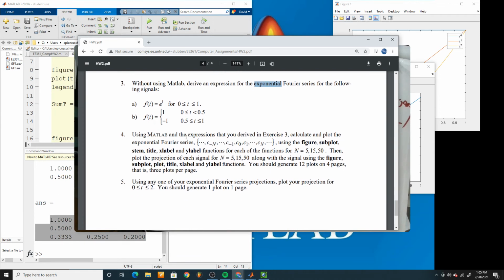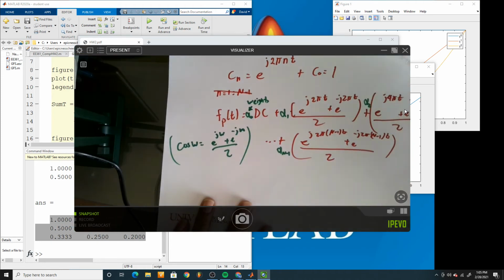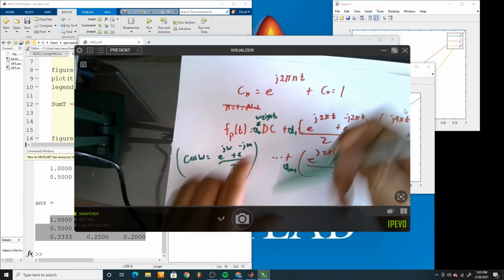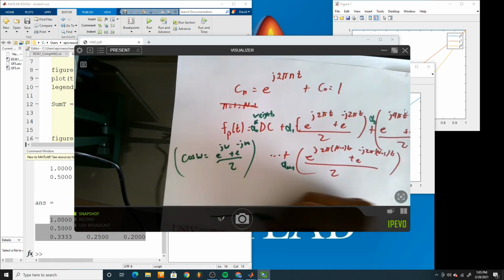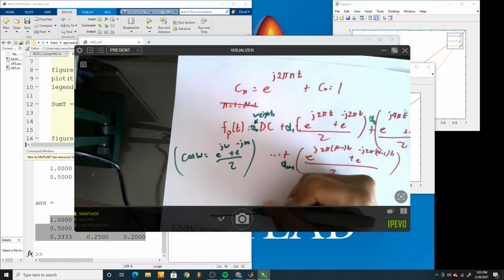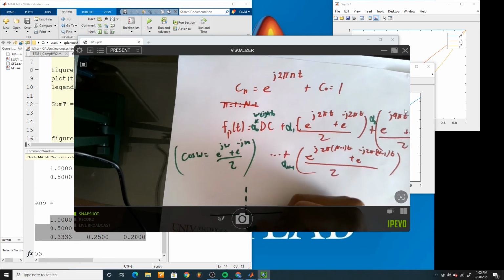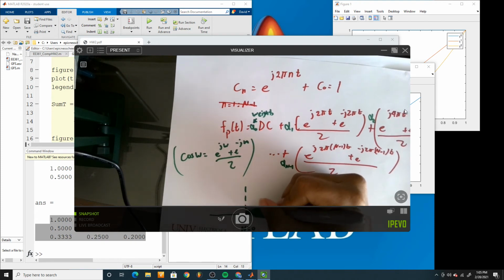So basically, I think you're going to have to replace your basis set with this. But the thing you need to know is, let's do this. If n is equal to 0, that's your DC term.